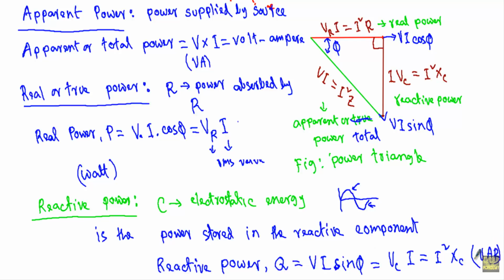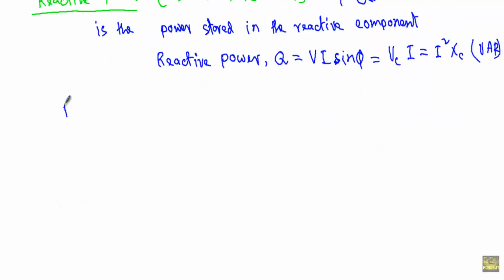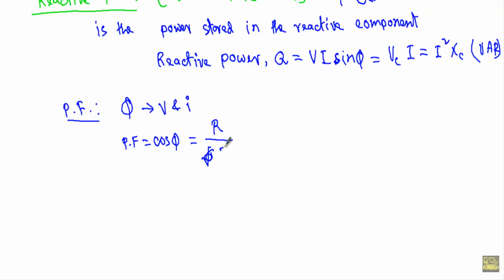Now let me talk about the power factor of this RC series circuit. Power factor: if phi is the angle between the applied voltage V and the alternating current I, we will get power factor equal to cosine phi. Or if I know the value of resistor and impedance Z, I can easily calculate cosine phi. It will be R divided by root over R square plus XC square.